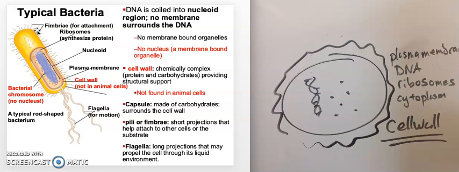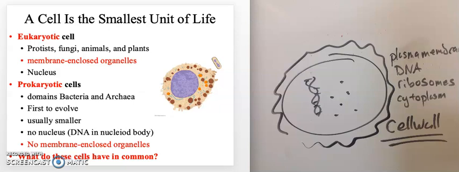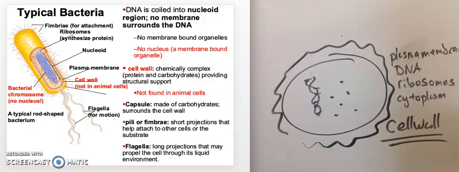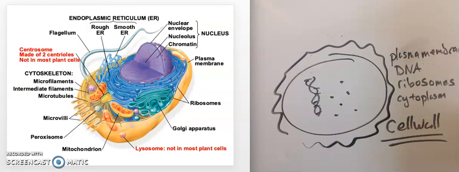Or the fimbriae are short little hair-like structures that help them attach to other substances. So that's about all we're going to say about bacteria for now. You do need to know the major difference between eukaryotes versus prokaryotes, and what structures are unique to bacteria versus animal cells.